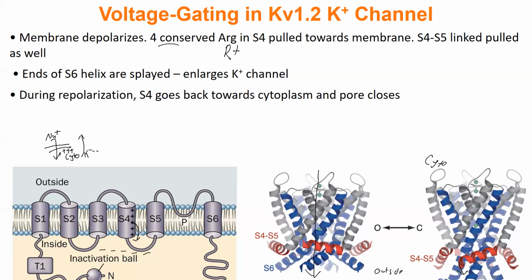S4 will go back to its closed position, and the potassium channel closes. So that is how structurally this channel is a voltage-gated channel. This is how we can sense, what is the charge on the inside of the cell? Okay, based on that charge, am I open or am I closed? It's because of 4 conserved arginine residues in helix 4.